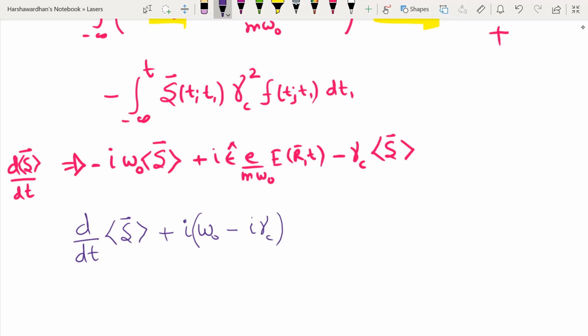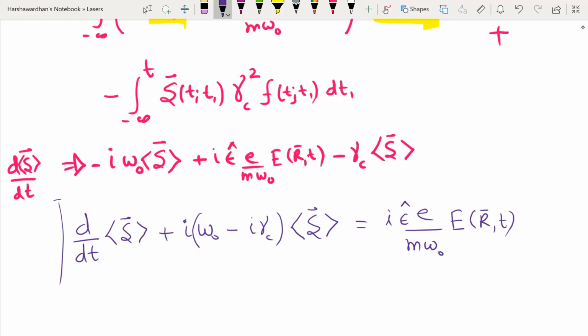Please check, i times i will give me a negative and a positive sign. That is correct. And this is multiplied with S. This equals i times epsilon E by m omega naught, the electric field associated with the electromagnetic wave.